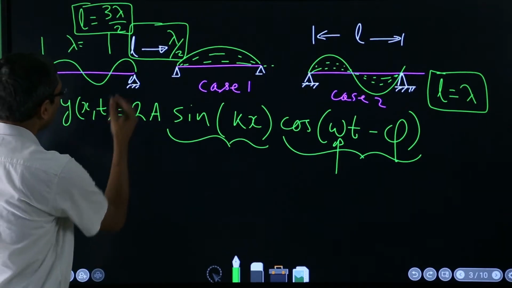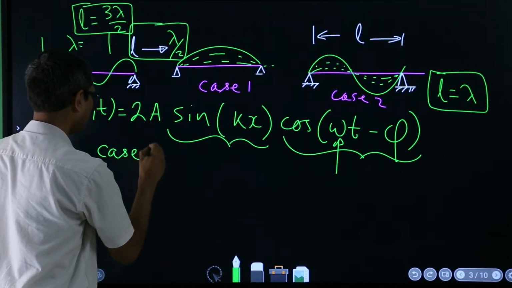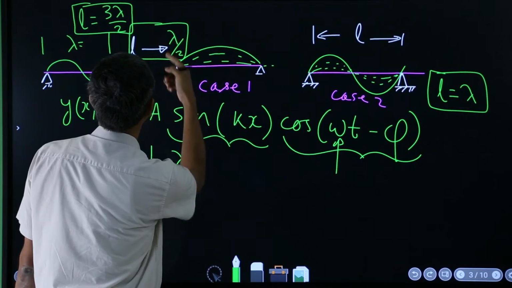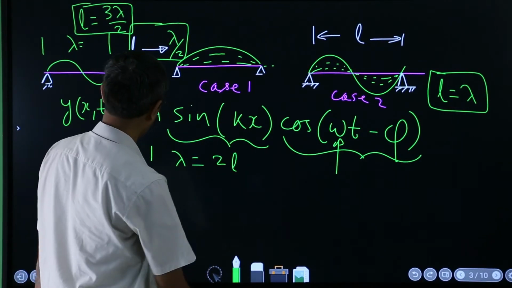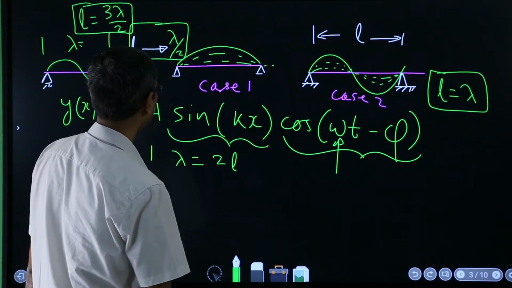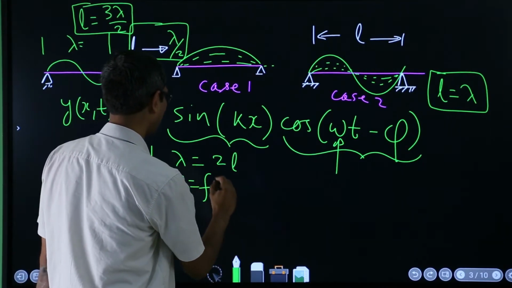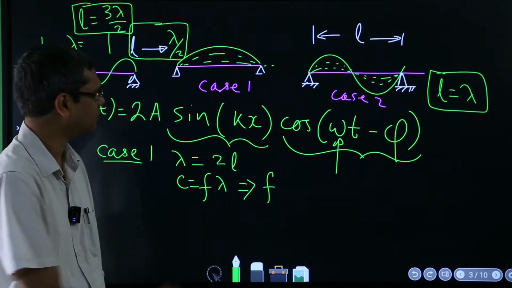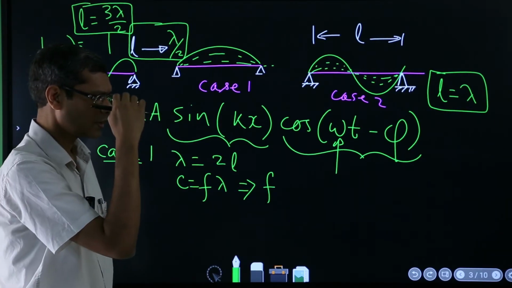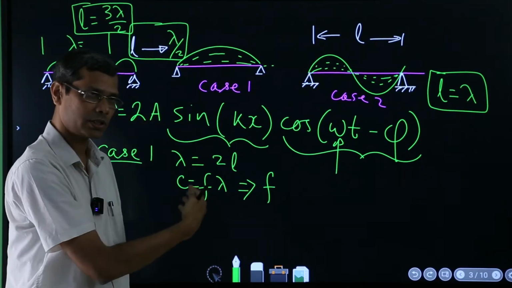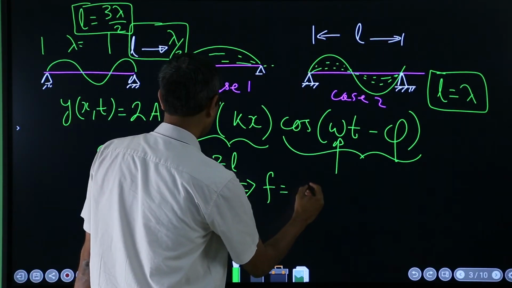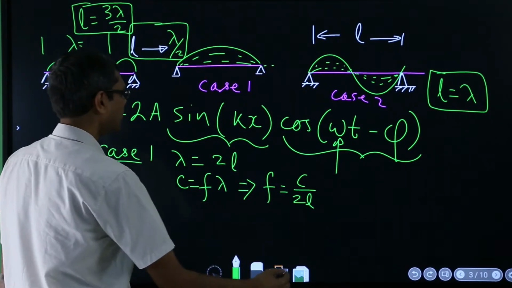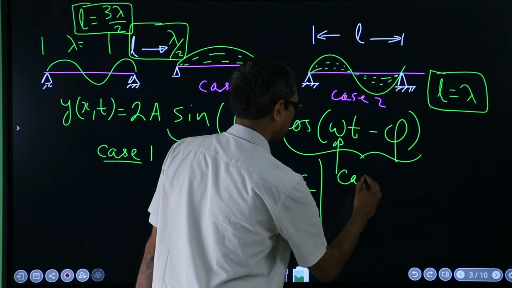Now, case 1. What's the lambda value? It's 2L. And we have C equal to F lambda, which implies F, the frequency which is existing, I'm trying to get from this geometrical intuition to the frequency on that, is nothing but C over 2L, right? C over lambda, which is 2L. Now suppose I go to case 2.